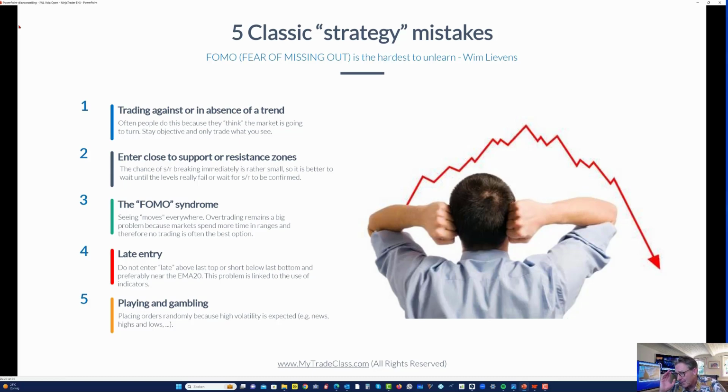Don't trade against strong support and resistance zones. Wait until you pass them, or trade maybe the test of these zones, but don't step in just before these areas. Fear of missing out syndrome. Don't set this strategy to trade 10 times.